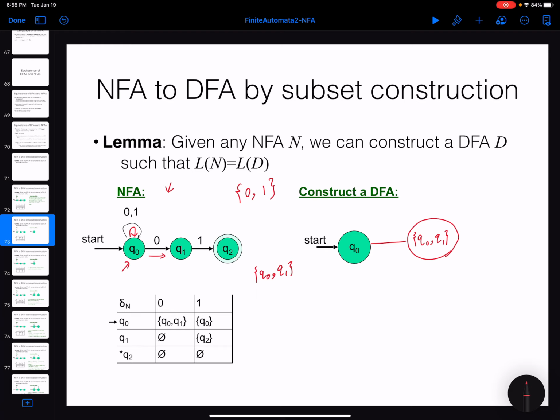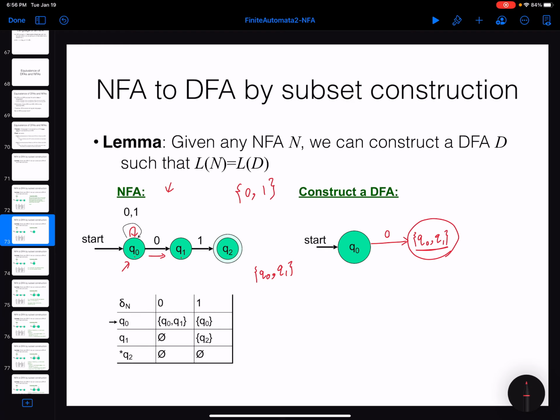Q0, Q1 are going to be the state names from the NFA, but the name of this state I'm actually just calling Q0, Q1, which is showing the possibility in the NFA. And what is the transition? The transition is coming from Q0, and the label of the transition is going to be 0.